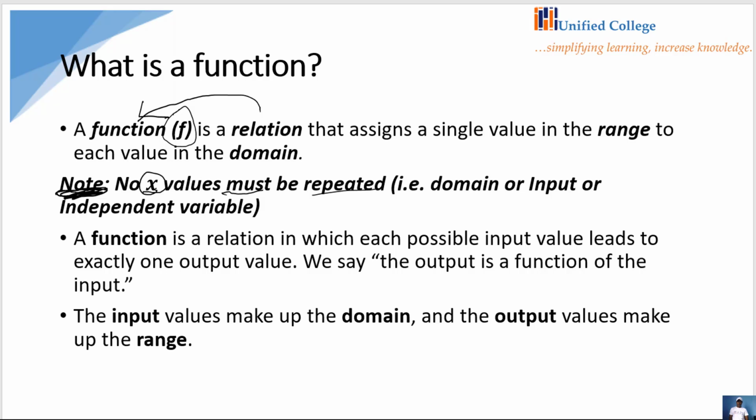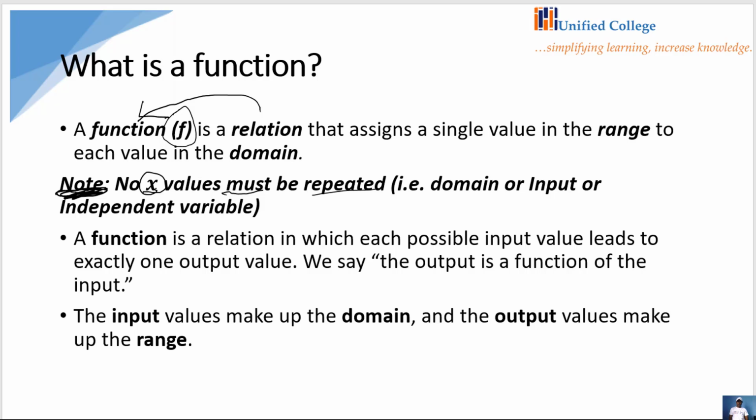Domain or input or independent variable. Note, no x values must be repeated, that is the domain or the input or the independent variable. Those are also references to x. Also, a function is a relation in which each possible input value leads to exactly one output value.